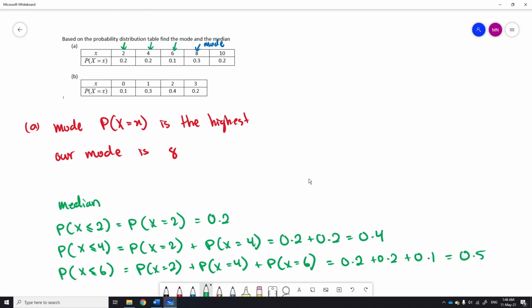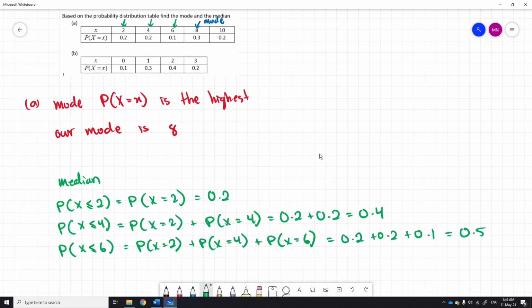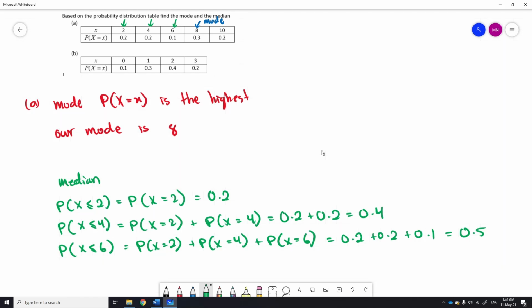Alright, if we get exactly 0.5 where x is less than or equal to 6, we need to add up 6 with the next higher value of x, that is 8, and then divide it by 2.